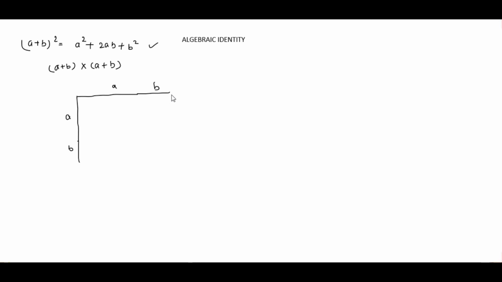Let's complete the rectangle. Here we can divide this rectangle into different small rectangles. This side will also be a and this side will also be a, this side will be b and this side will be b.